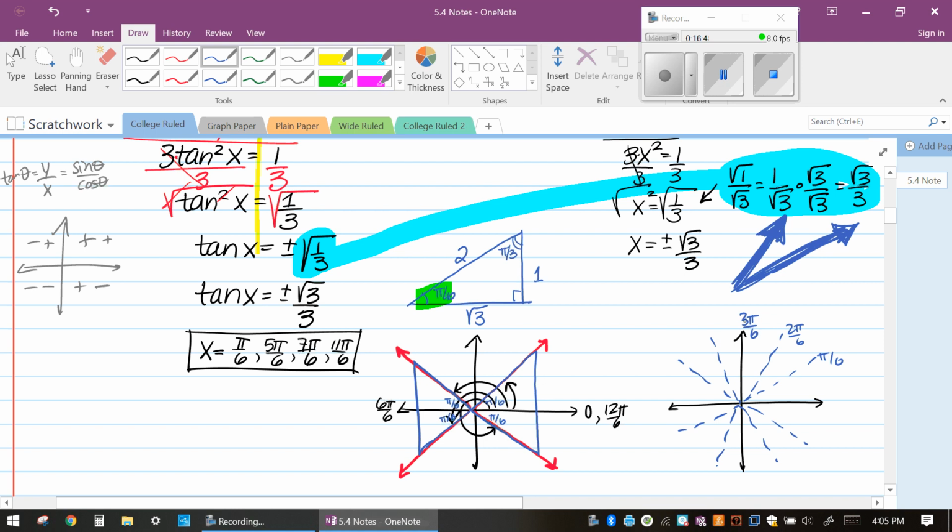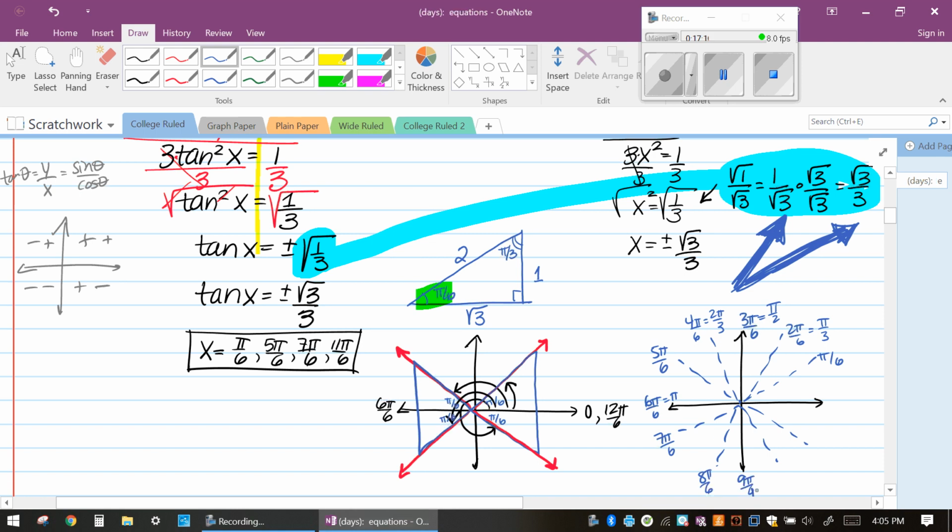Remember, this is always 90 degrees. That reduces to pi over 2. This guy reduces to pi over 3. So 4 pi over 6 reduces to 2 pi over 3. 5 pi over 6, 6 pi over 6 reduces to pi. 7 pi over 6, 8 pi over 6, 9 pi over 6.